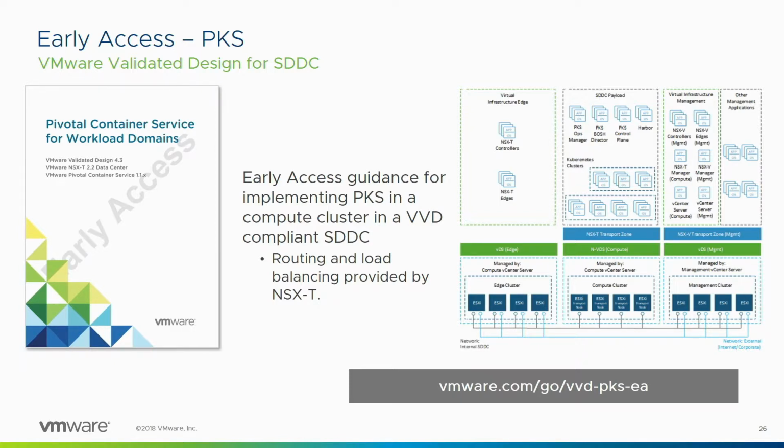Basically what we're doing under early access is giving you an early preview of what we plan to validate and publish as a proper VVD. But we don't wait until we've gone through all the internal testing, and we don't wait until we have the deployment steps there. We want to get the architecture out there to you, because we recognize that when you're looking at setting something up, you're going to look at the architecture, you're going to analyze it. It's going to take a period of time before you're actually ready to deploy it.